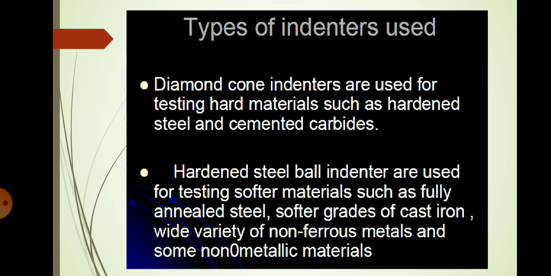Secondly, we can use hardened steel ball indenters. They are used for testing softer materials such as fully annealed steel or softer grade cast irons, a wide variety of non-ferrous materials, and some non-metallic materials also. So for testing softer material we generally use the hardened steel ball indenter, and we use the diamond cone indenter in case of hardened material.